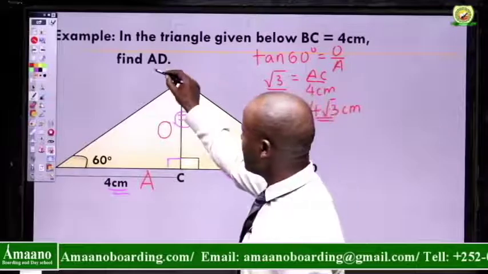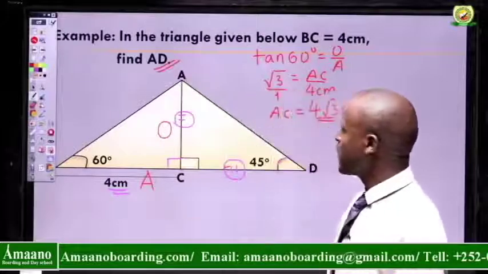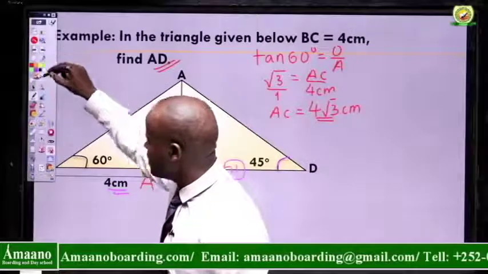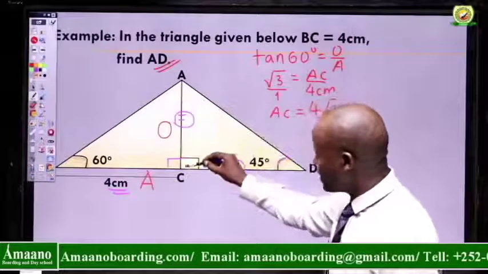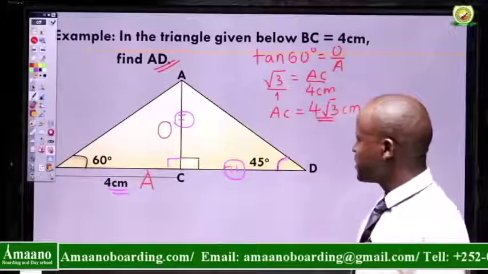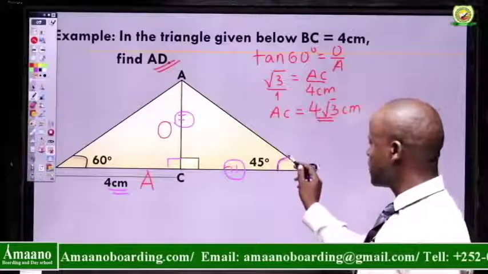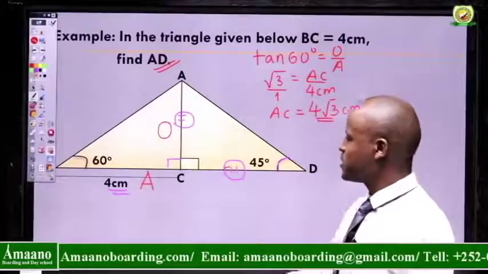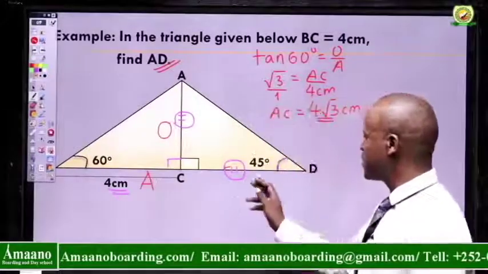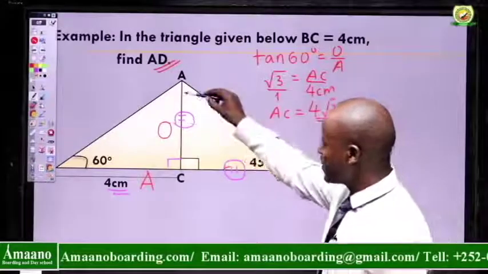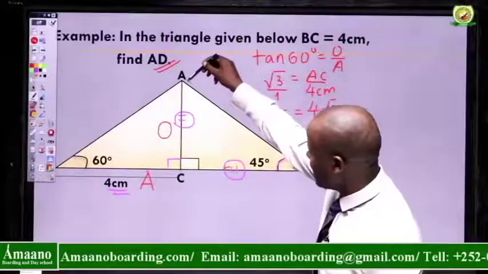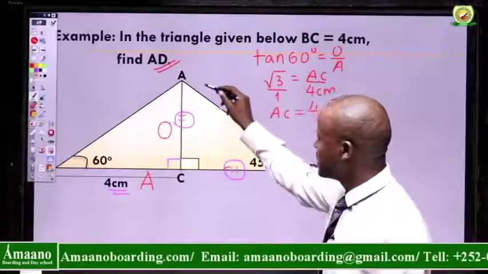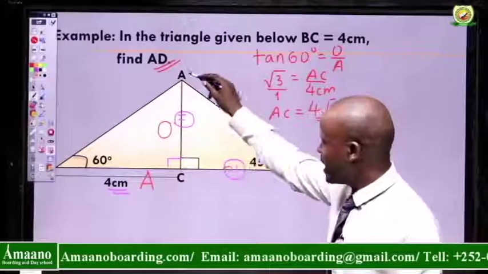But the question is, we are asked to find AD. So to find AD, here we have given AC, which is 4 radical 3 centimeters, which is opposite for this angle D. Still, this AC is opposite. But the question is AD, which is the hypotenuse h for this right-angled triangle ACD.